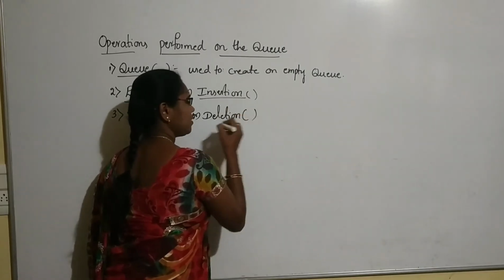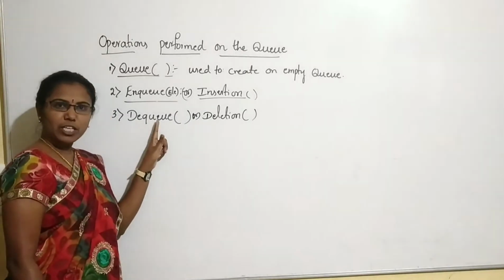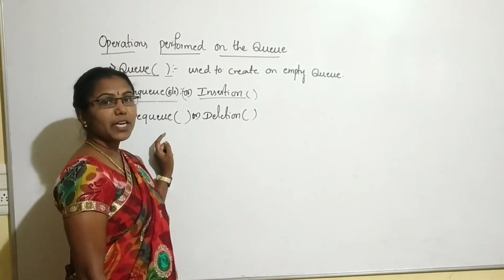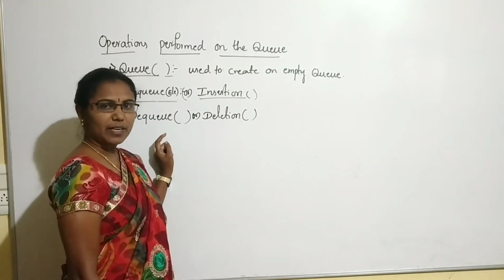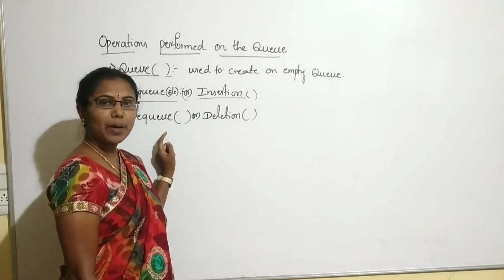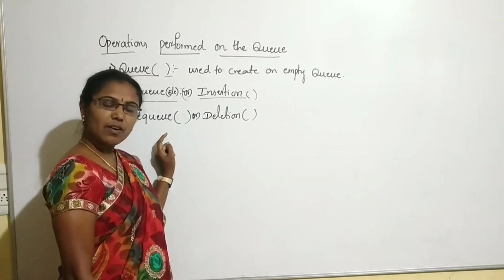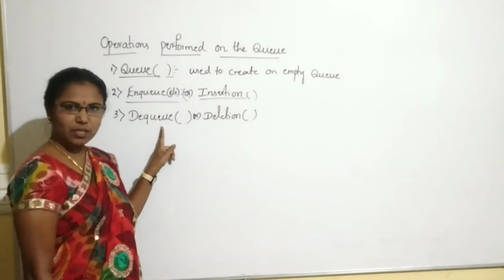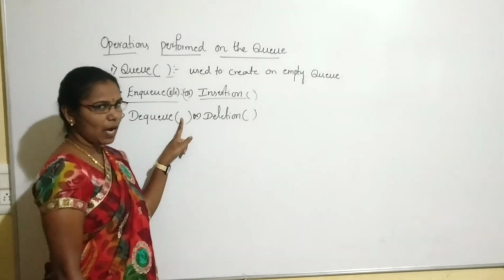This operation is used to remove an element from the queue using the front end. Clear? This operation does not require any arguments.